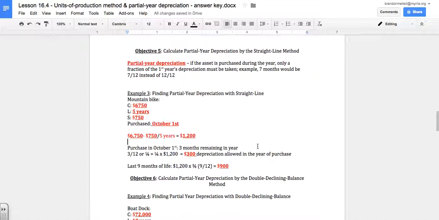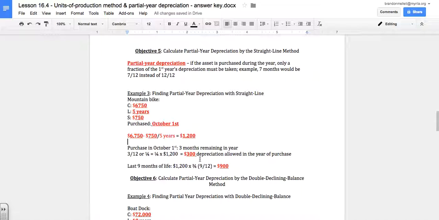So that means we have 3 months remaining in this year. October, November, December. So what we do is simply put it into a fraction, 3/12, 3 out of 12 months, reduce it, which turns into 1/4. 1/4 times $1,200.